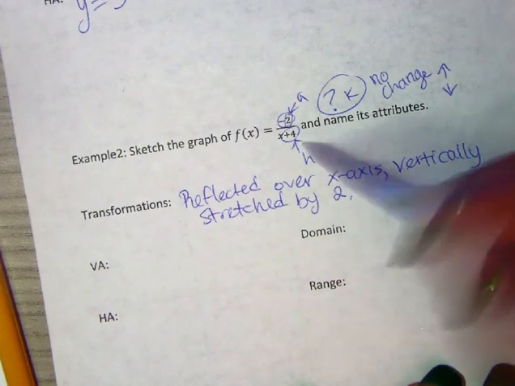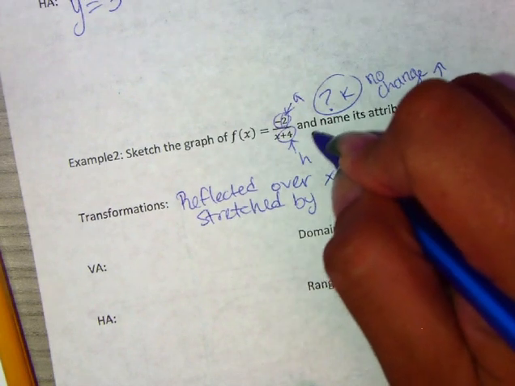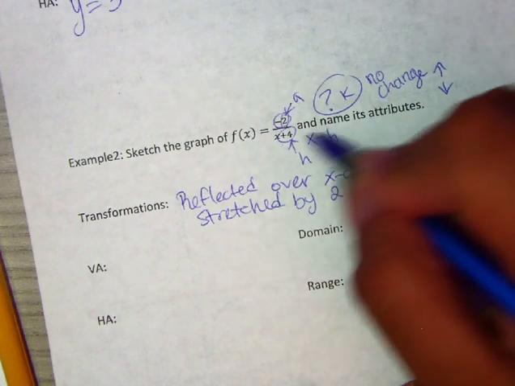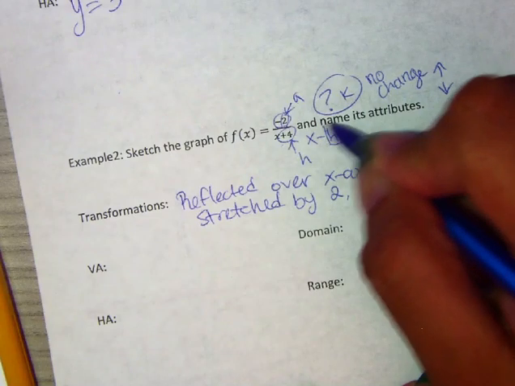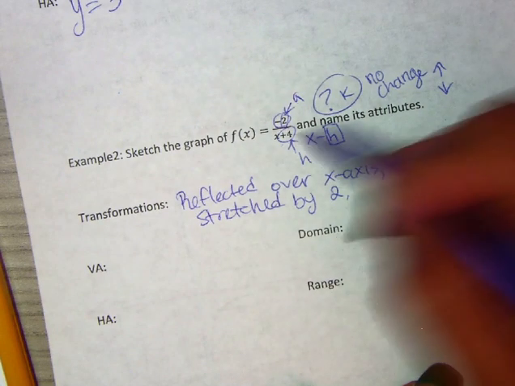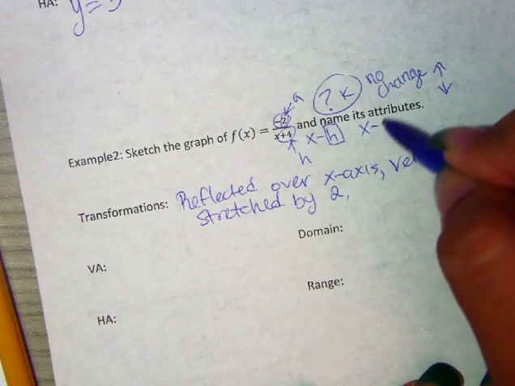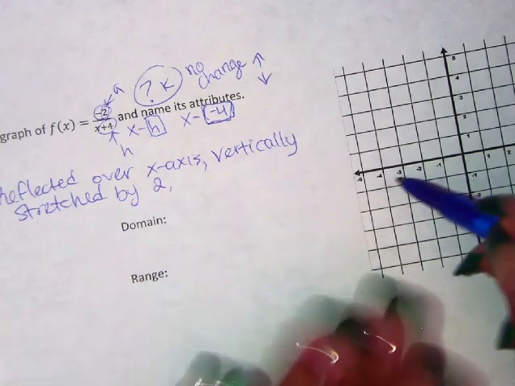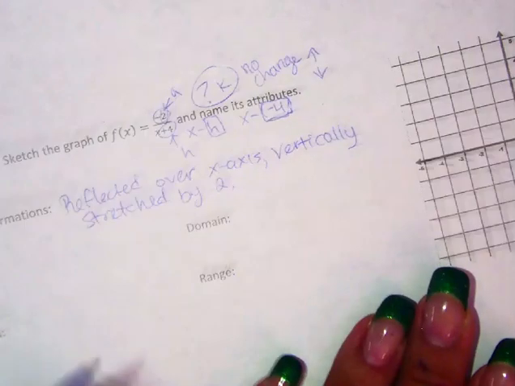All right, so that takes care of that A value. And then the h value, x minus h has to be the template. If it doesn't look like x minus h, that means our h value is not 4, it's -4, x minus -4. So if your h value is -4, that means that it shifted to the left, because now we are moving to the left 4 spaces.